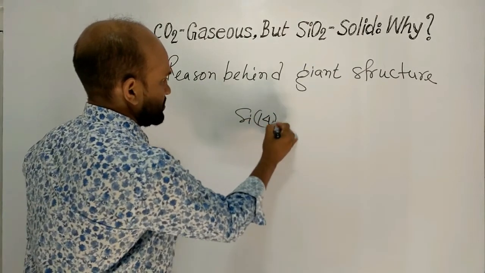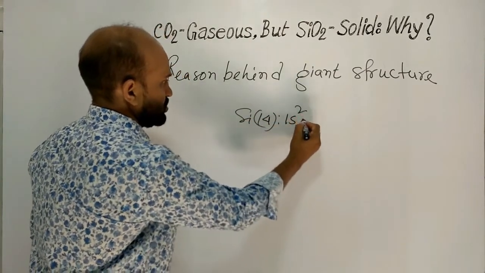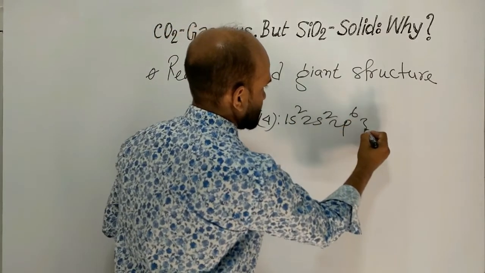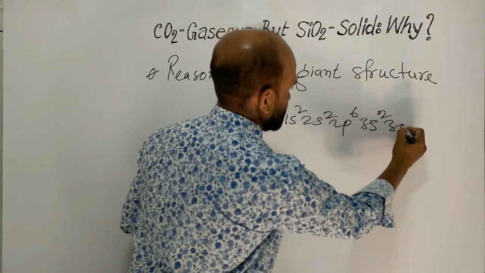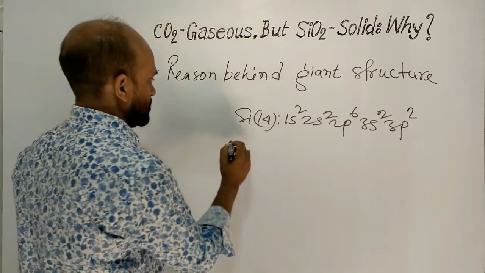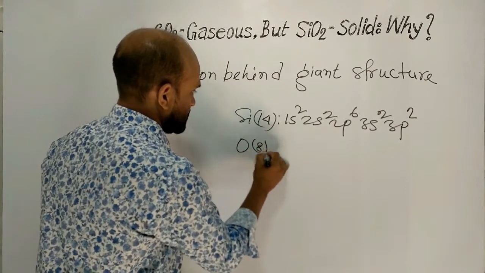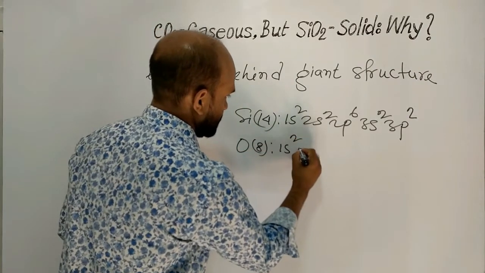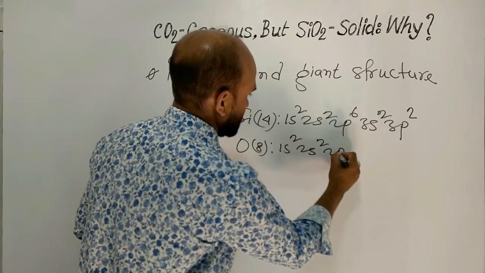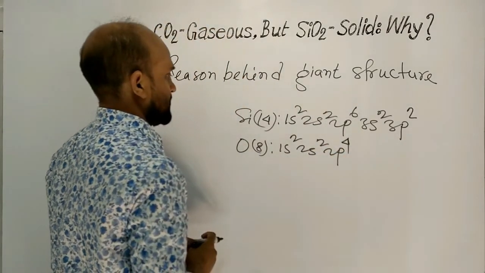Silicon, atomic number 14: 1s2, 2s2, 2p6, 3s2, 3p2. Oxygen, atomic number 8: 1s2, 2s2, 2p4.